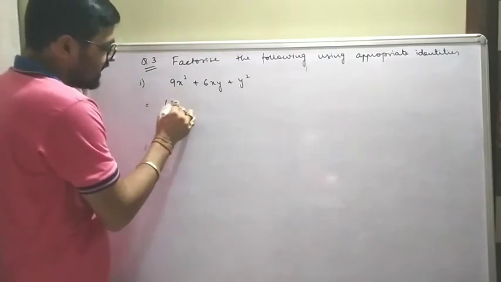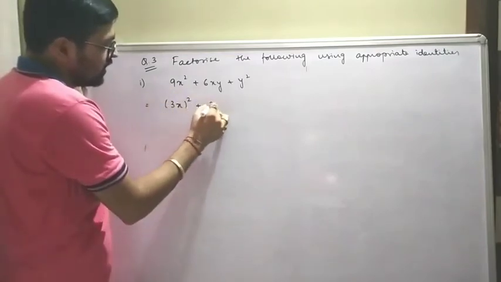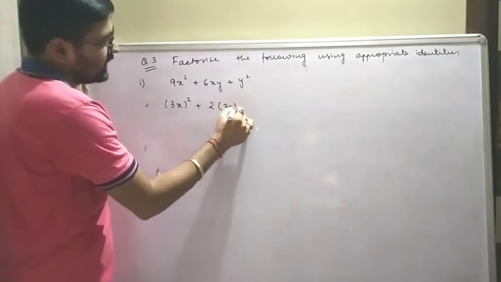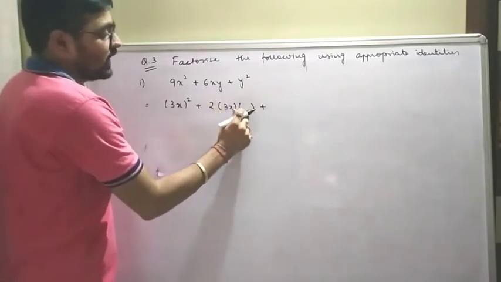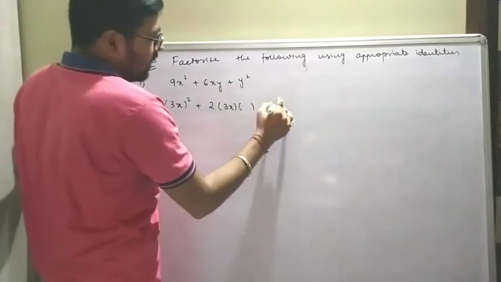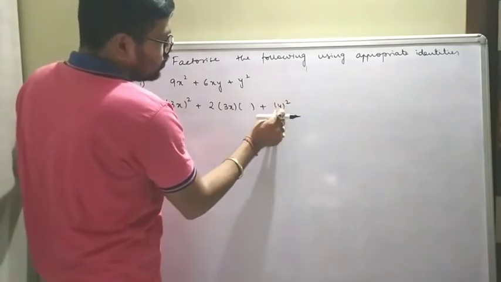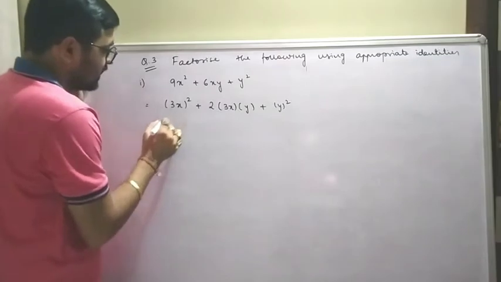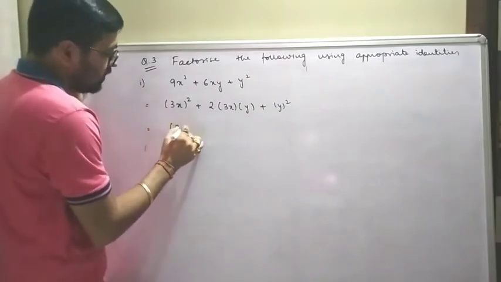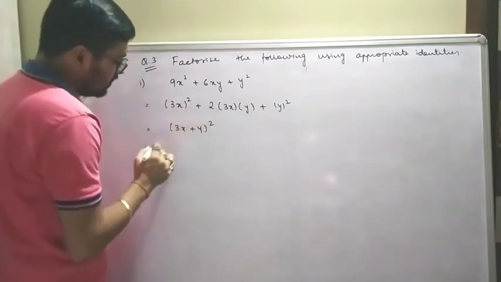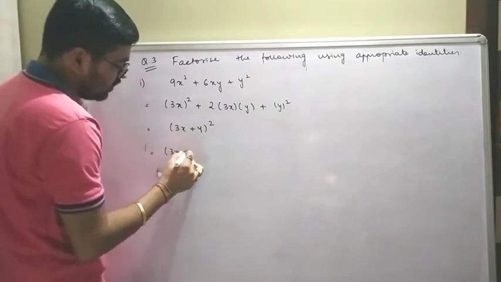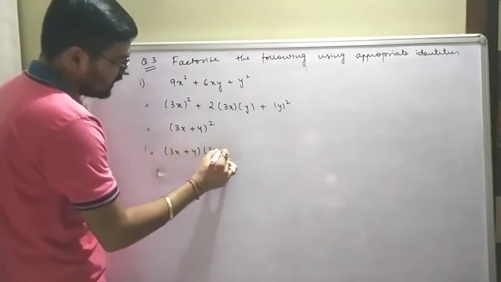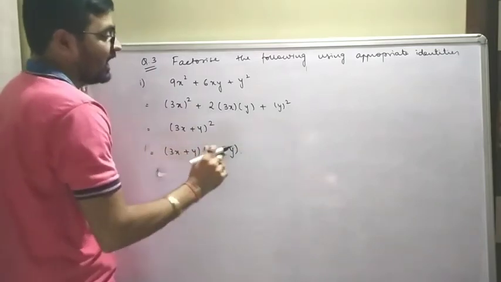We can write this as 3x whole square plus 2 times 3x. I tell you that we may not know this value, but how we are going to look at this is, whatever is here will come as it is here. So y. Correct. So this will become 3x plus y whole square. And I also told you that if we are writing the factors, we must write like this.